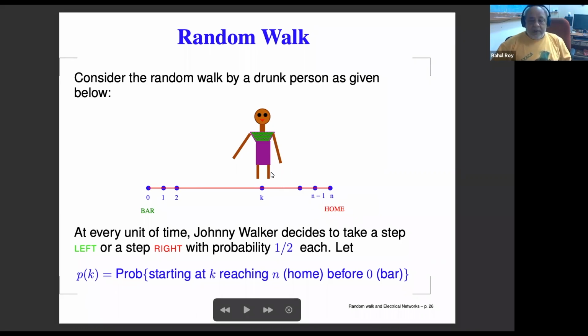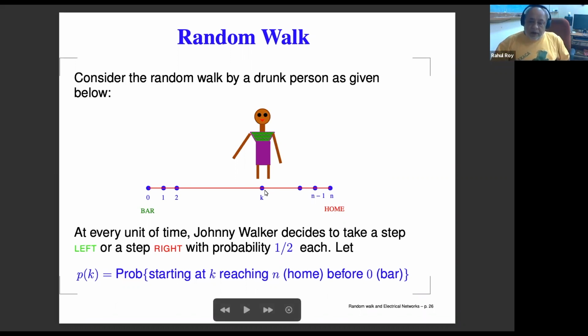Okay. And the way we think of this is that if Johnny Walker reaches the bar before he reaches home, then at the bar he starts drinking again, and so he gets stuck there. And if Johnny Walker reaches home before the bar, then he goes and sleeps and he doesn't drink anymore. Okay.